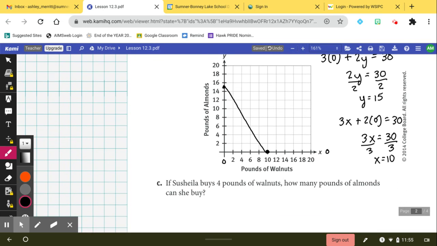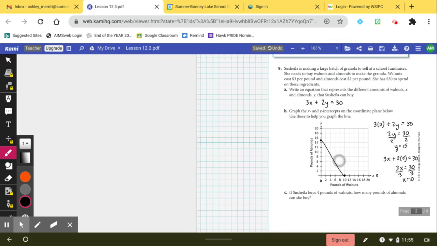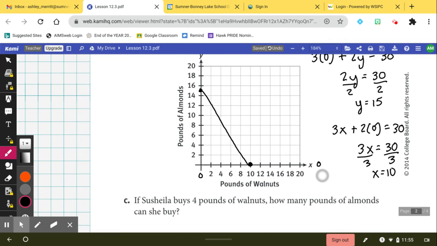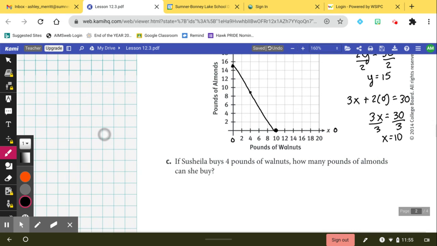So it says if Shushela buys 4 pounds of walnuts, how many pounds of almonds can she buy? If we look on the graph, it looks like it's about 9, but let's make sure. So if she bought 4 pounds of walnuts, that means x is 4. So 3 times 4 plus 2 times y, because we don't know how many almonds, is equal to 30. 3 times 4 is 12, plus 2 times y is equal to 30.